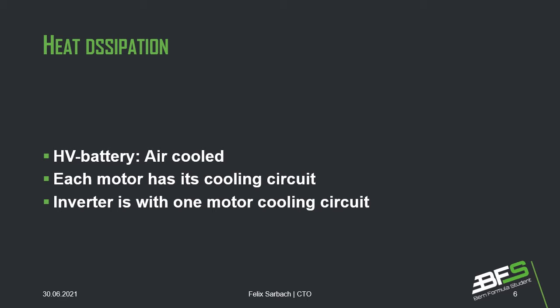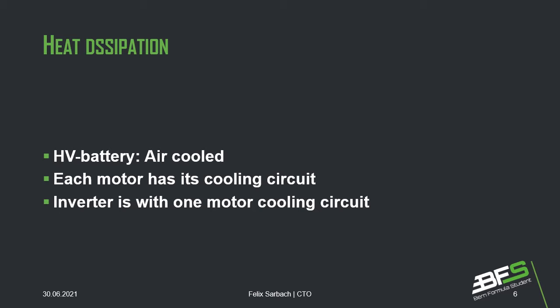Heat dissipation. Our high voltage battery is air cooled. That gives us the possibility to use less water on the car, and air has better access to each cell. Thus, we can cool it more efficiently and lighter.